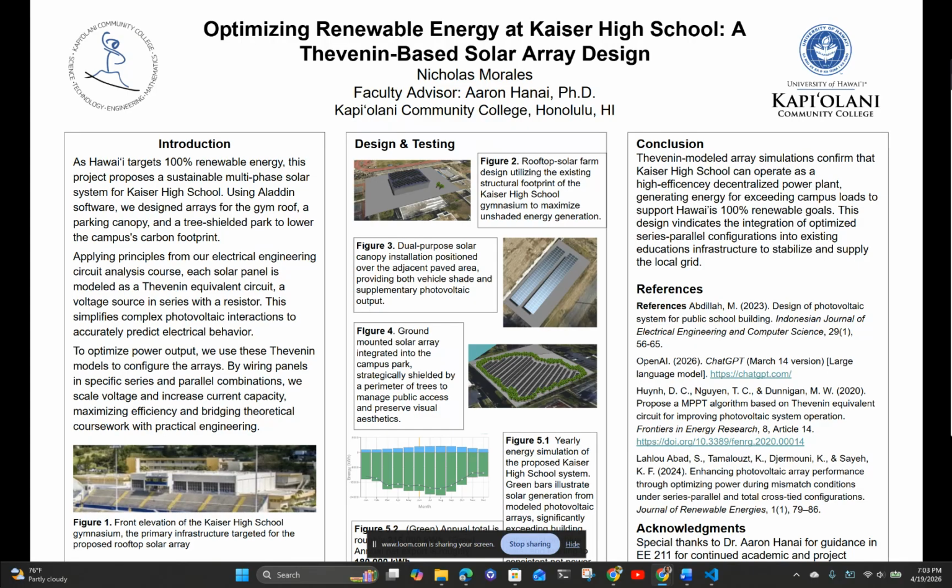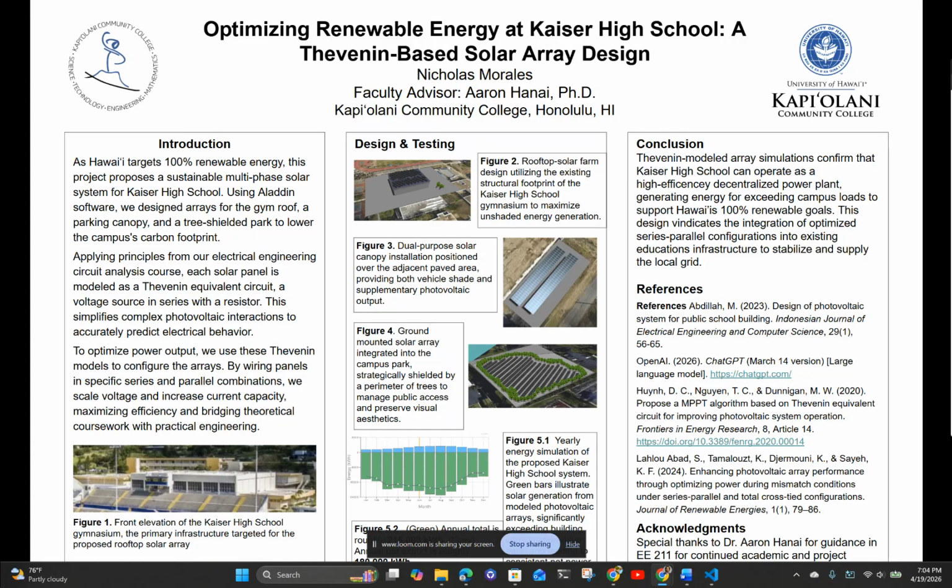And then the last phase is a ground mounted array for the campus park, and I believe that's just across the street. We put a tree shielded perimeter to address community aesthetics and public safety, hide some of the technical hardware from view while maintaining the park's visual appeal.